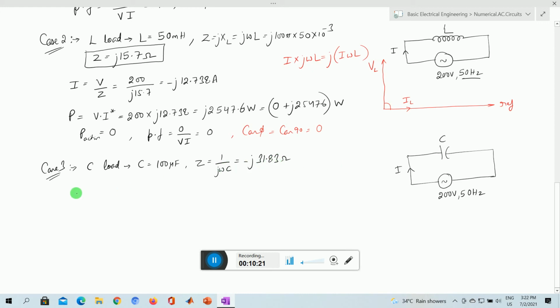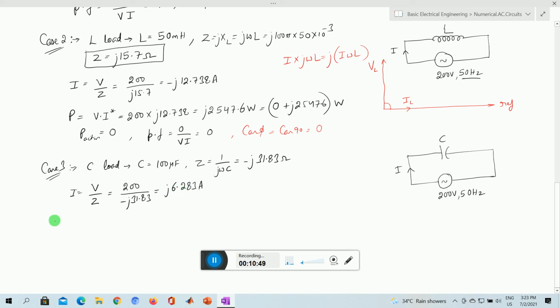So what is the current over here? It is V by Z. So we are getting 200 by minus J 31.83, and that gives rise to J times 6.283 ampere. So we are getting J as an imaginary value, a reactive value.